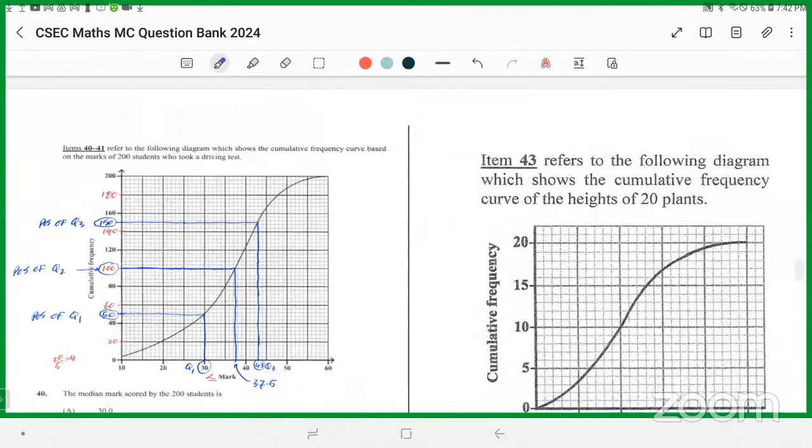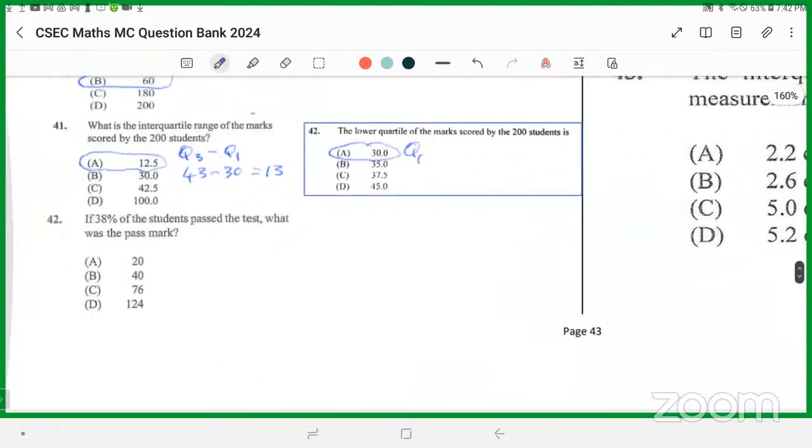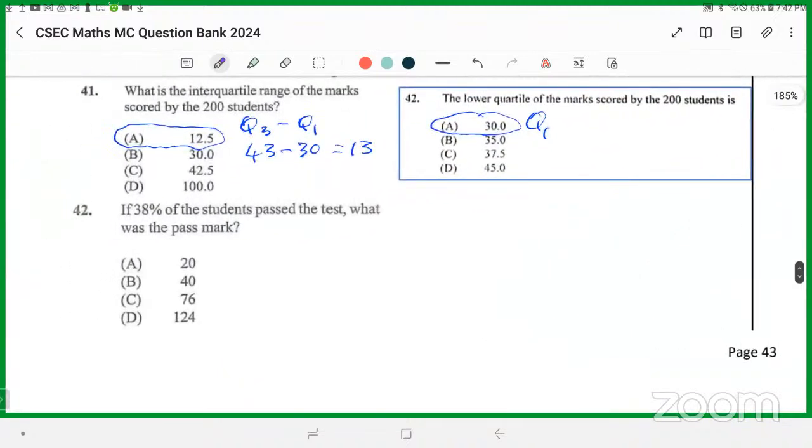So how many students is that? 38% of 200. The number of students who pass the test is 38 over 100 times 200 students.